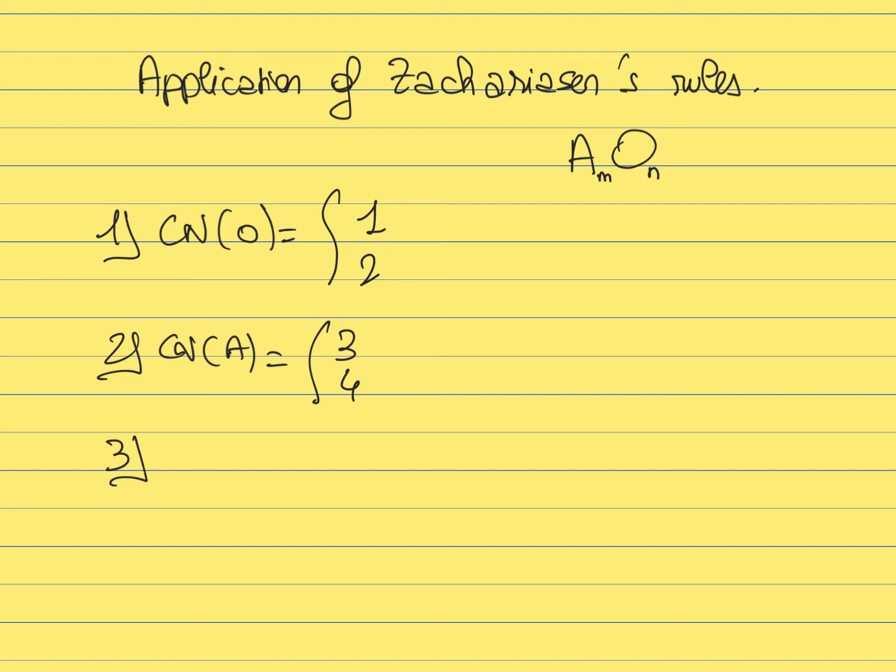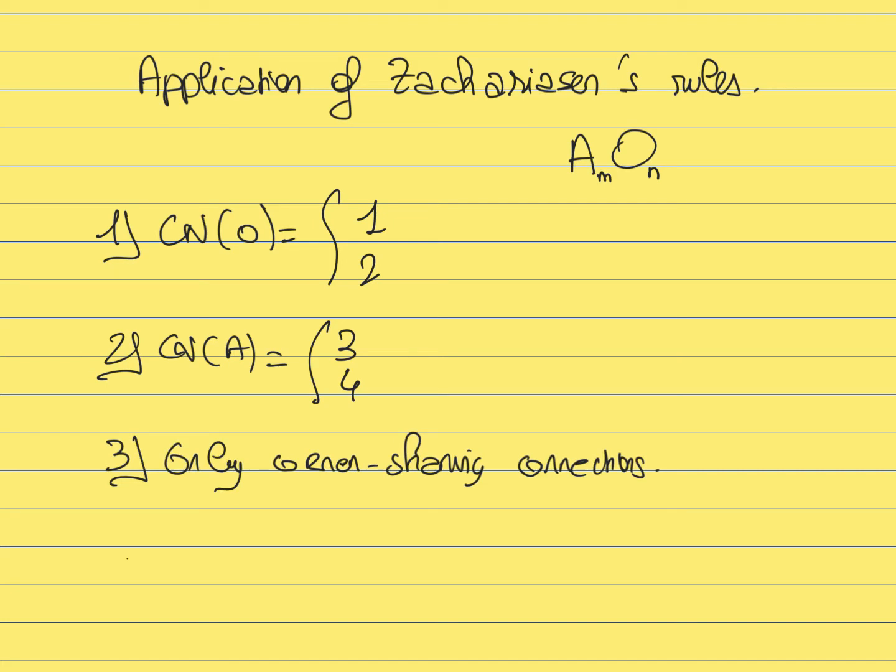Third rule, it's about the types of connection between the polyhedra around the cation. It needs to be only corner sharing units. If you look at two neighboring polyhedra, they should only share one corner. They cannot share two corners, they cannot share an edge, they cannot share three corners, so they cannot share a face. It should be only corner sharing connections between polyhedra.